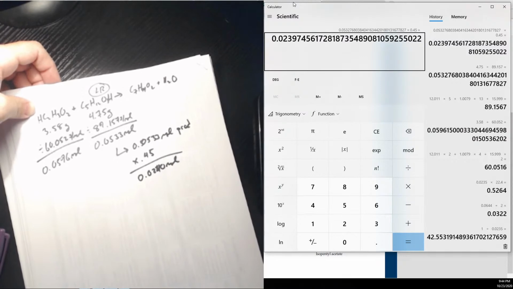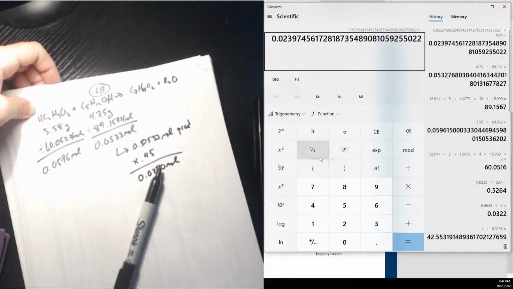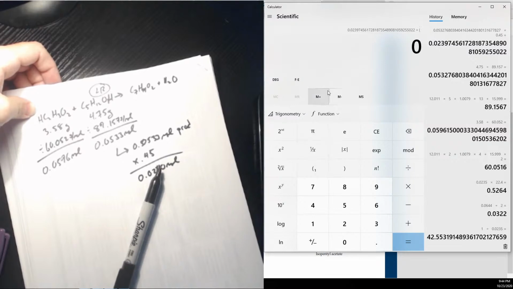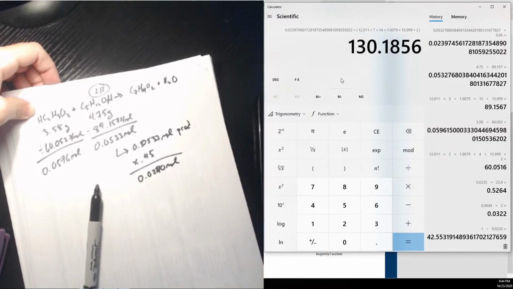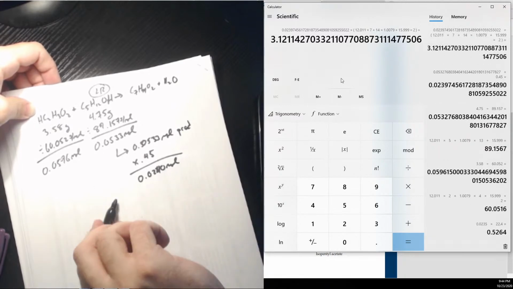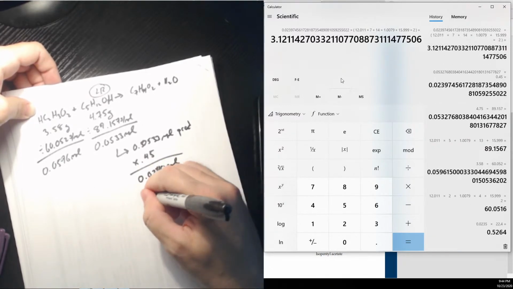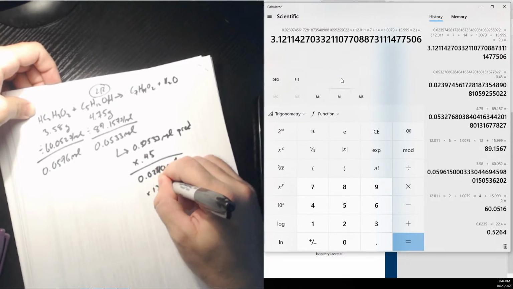And the molar mass of our product is, let's go ahead and just use parentheses. Times 7, 14 times 1.079, 15.999 times 2. Close parentheses. Bam. That was times 130-ish.